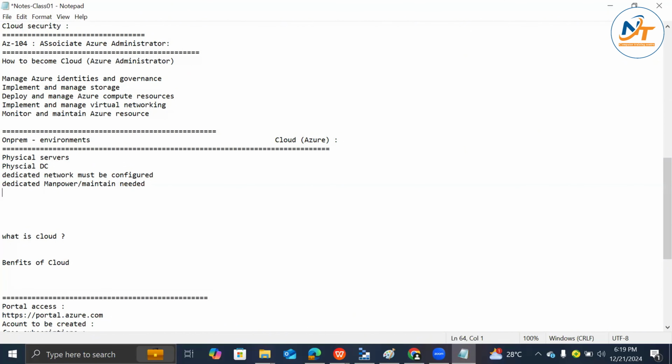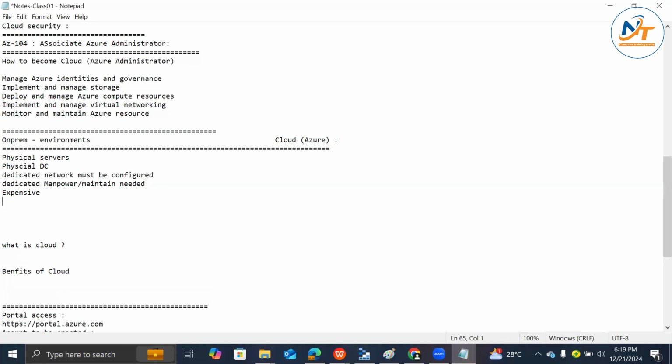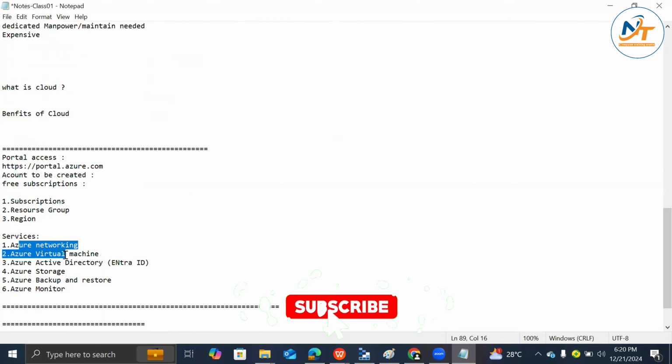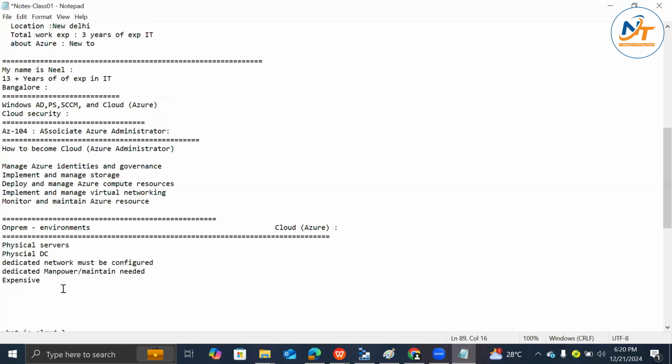Most important, it is expensive, high cost. So overall, we would be handling our infrastructure physically in the on-prem environment. We know that already. Whatever we talk about, networks, virtual machines, Active Directory, storage, we are already handling all this by accessing it remotely, and we are supporting it.